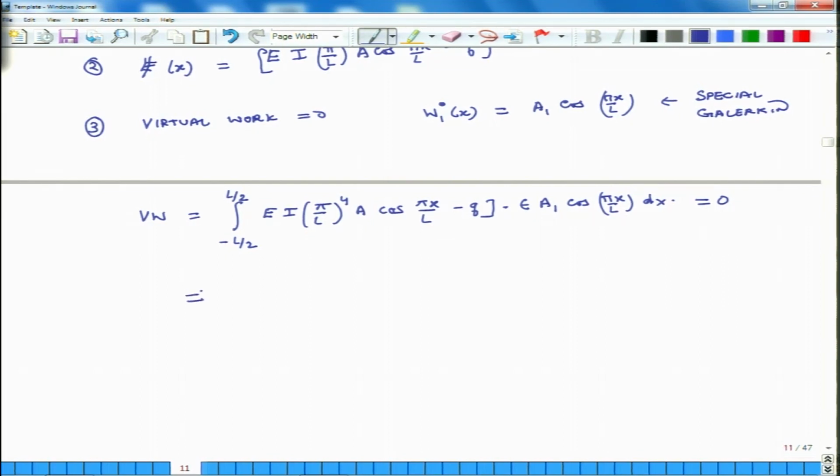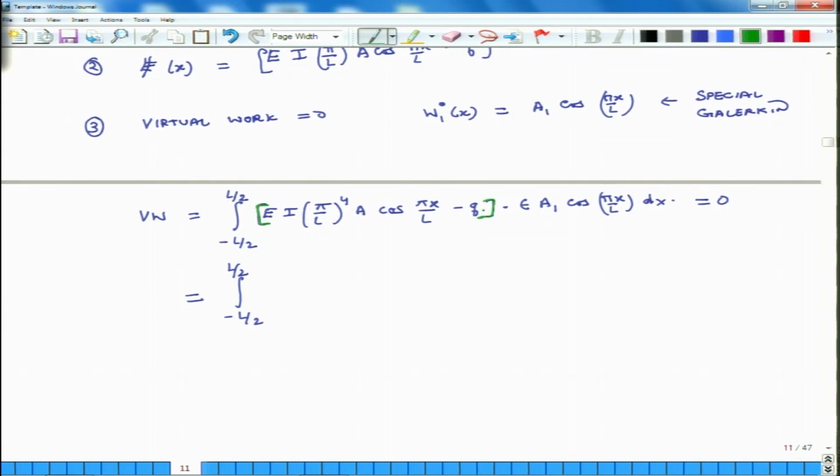So, I process this further, minus L over 2 to L over 2, and I get, oh, this bracket should be here. So, I will make this.